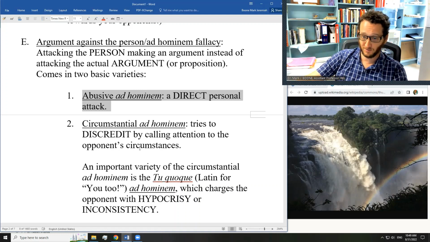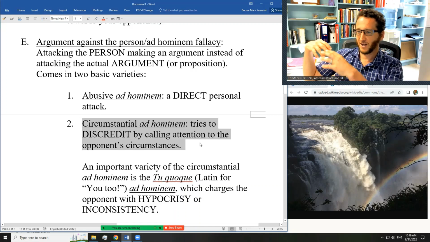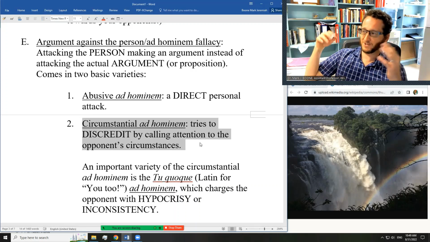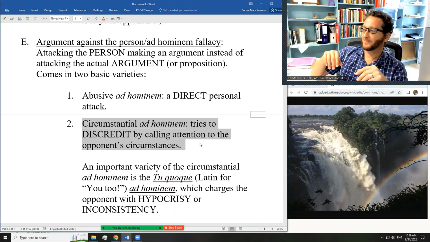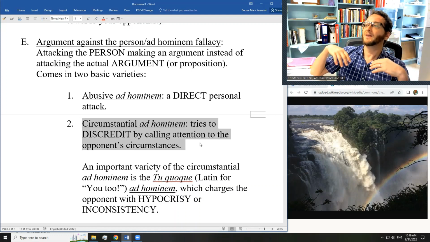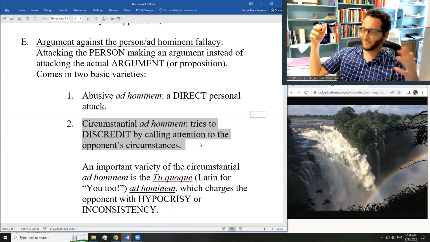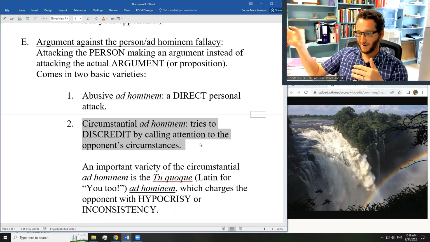That's clearly a circumstantial ad hominem attack, trying to discredit the angel's position by calling attention to his circumstances. He's holding a sissy stringy thingy and wearing a dress. The angel says robe, but the devil says it's a dress. Let me pause and go over it. Kronk has his shoulder angel, and then the shoulder devil shows up and says, don't listen to that guy, he's trying to lead you down the path of righteousness.